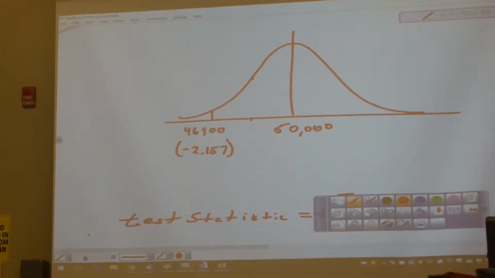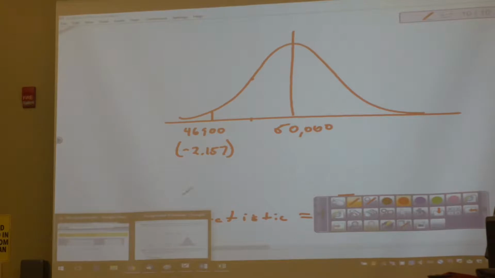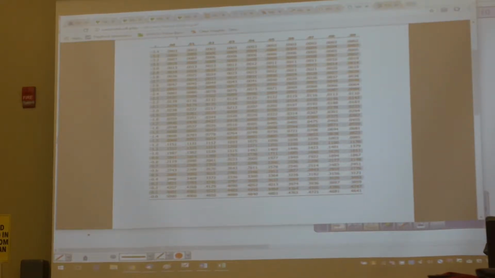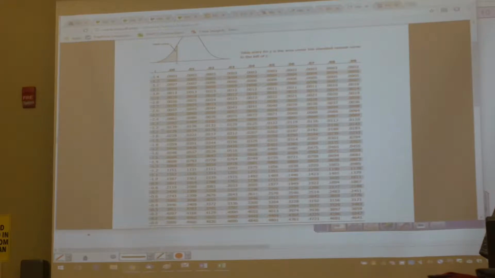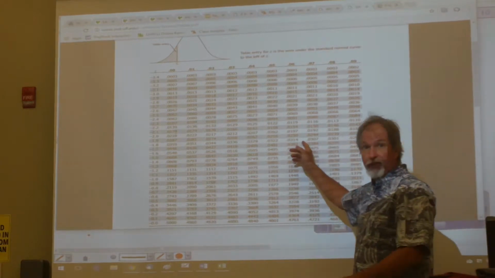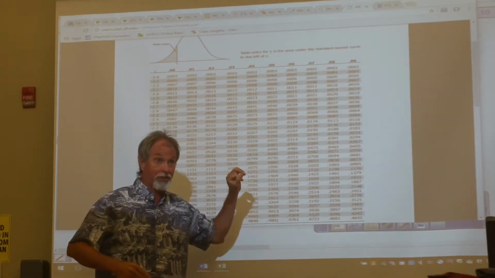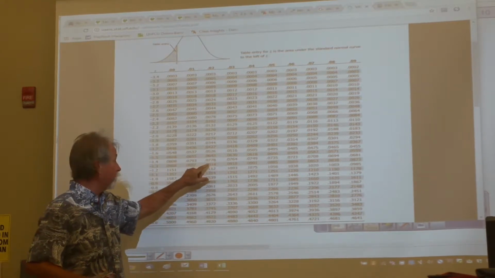So if I go to my Z table, and I look up negative 2 point, what was that? Negative 2 point 157. So negative 2.1. On my Z table, I can't look it up to 3 decimal places, I can only look it up to 2 decimal places.